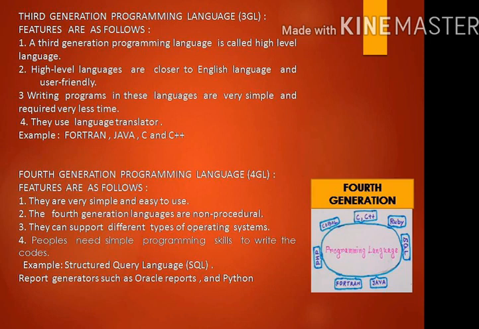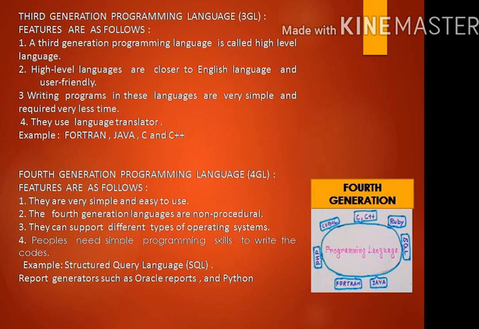High-level languages are closer to English language and user-friendly. Number 3. Writing programs in these languages are very simple and require very less time. Number 4. They use language translator. Fortran, Java, C and C++ are the examples of third generation programming language.